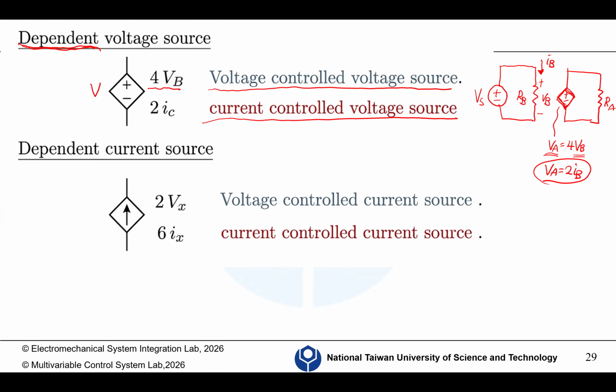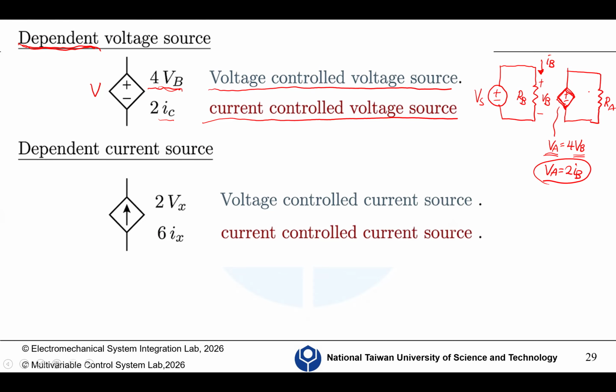Okay, so that's the difference. So a dependent voltage source has its voltage value depend on either the voltage or the current of a certain element in the circuit. Okay. But for this example, there are two independent circuits. Okay.